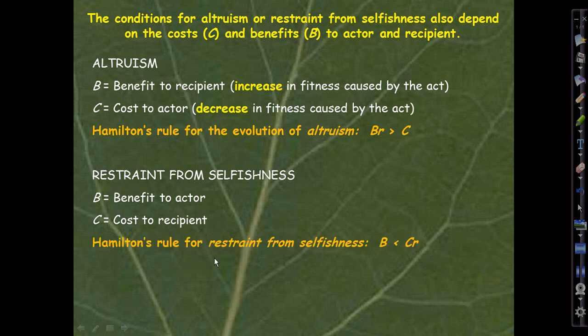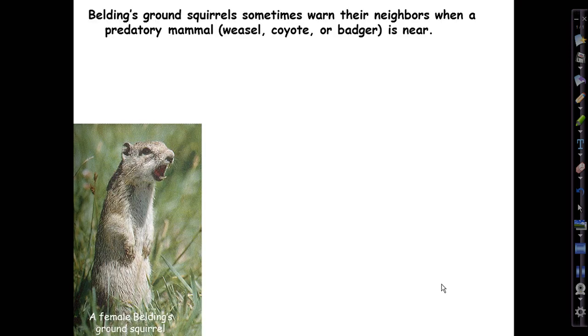And so Hamilton's rule for restraint from selfishness is that the benefit to the actor of being selfish must be less than the cost to the recipient devalued by the actor's relatedness to the recipient.